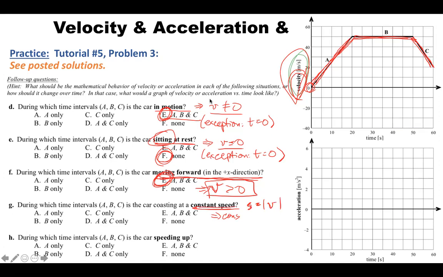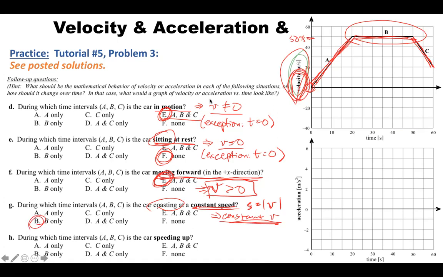So if the speed is constant, that means that we need to have a constant value for v over time. If you're coasting at a constant speed, then there is an extended period of time over which the speed, or velocity, is constant. So it looks to me like the velocity maintains one constant value of 50 meters per second over time interval b. So that would be time interval b.